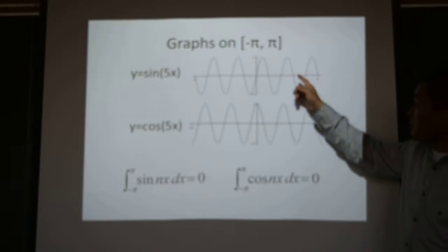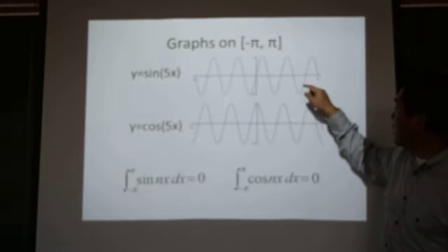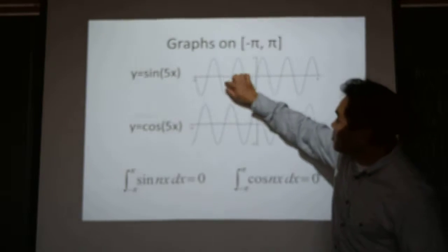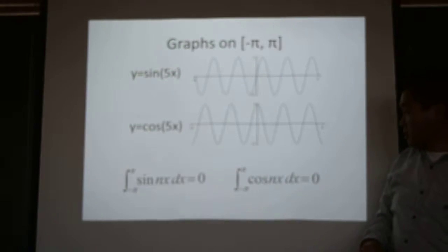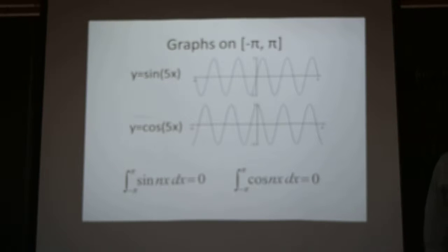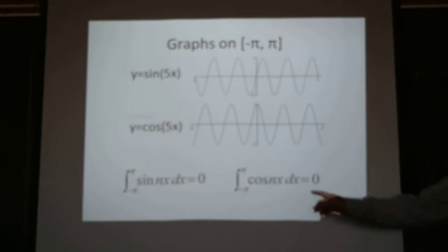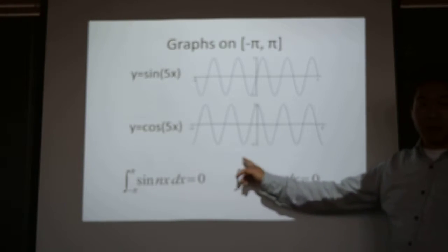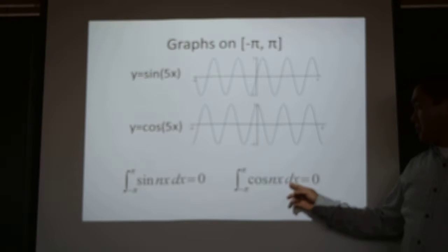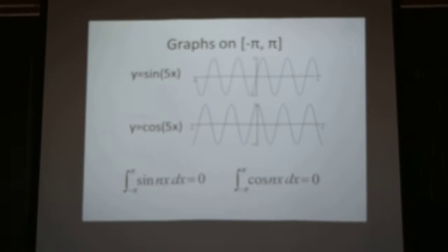So if you integrate from negative pi to pi, all these cancel each other, and what's your integral? You'll get 0. So that's something that you should know: sine nx and cosine nx, if you integrate over negative pi to pi, you're going to get 0.